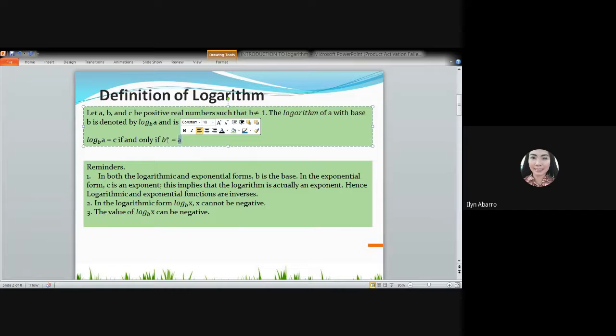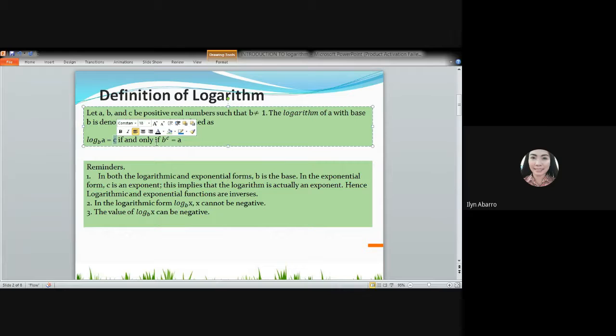Okay? So, if we're going to rewrite B raised to C is equal to A into logarithmic form, it will become the logarithm of A with base B is equal to C. So, the value of the logarithm is the exponent.